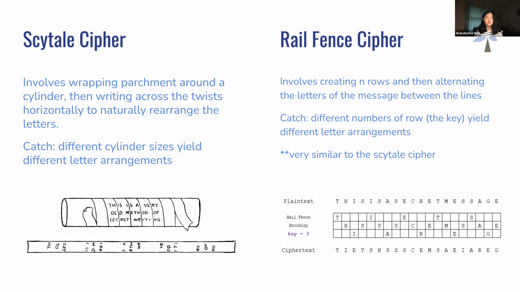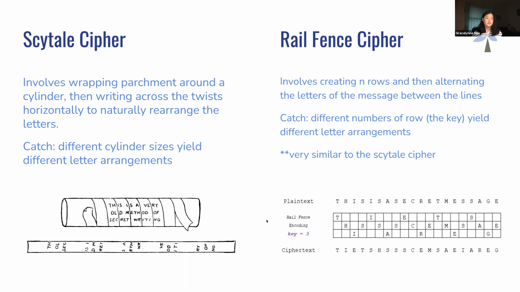Next, we have the Railfence cipher, and the result is actually very similar to the Skytail cipher, but it is a bit more usable for those who maybe don't have a parchment and cylinder per se. This system involved creating n rows and then alternating the letters of the message between the lines, as you can again see in the diagram on the right.